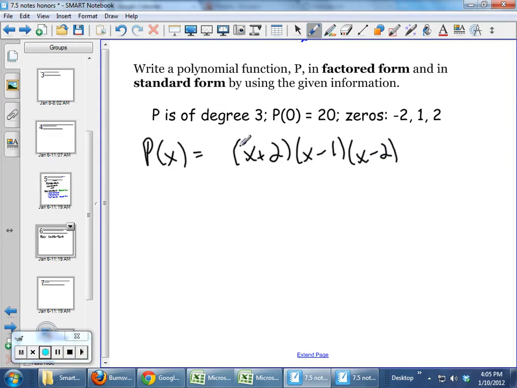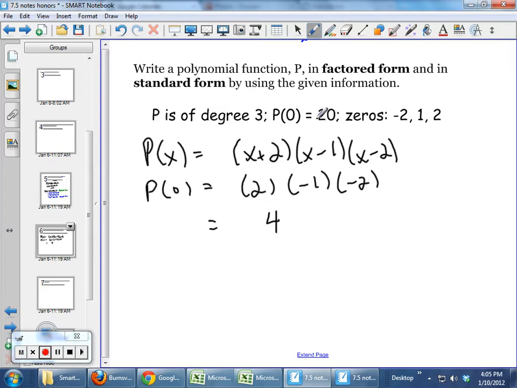Okay, so this is our factored form. It's degree 3 because if we go x times x times x, x to the third. But if we put 0 in for x, I don't think we're going to get 20. Let's try it. That's going to be 2, negative 1, and negative 2. 2 times negative 1 is negative 2, times negative 2 is positive 4.